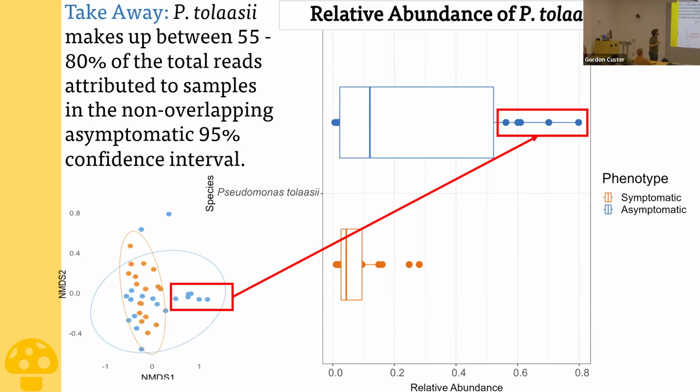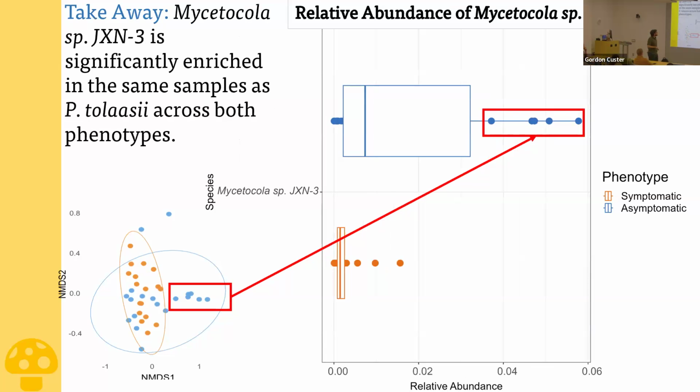But what I thought was also interesting associated with this is that the samples that had significantly increased total abundance of Pseudomonas thalassai also had significantly enriched Mycetocola SPJXN-3. And this is another known pathogen of mushrooms, but typically of the stipe, which is like the little bottom portion, more like the stem of mushrooms.